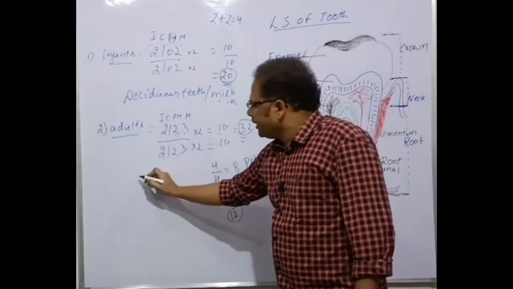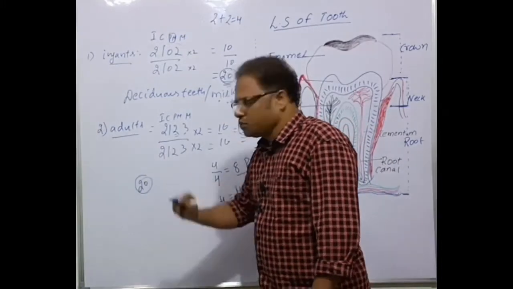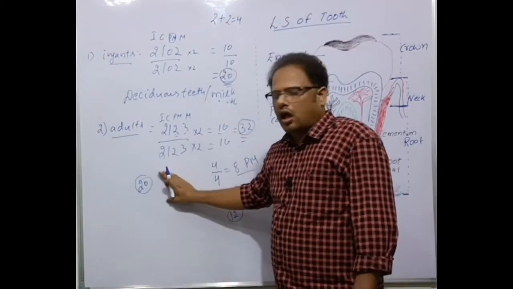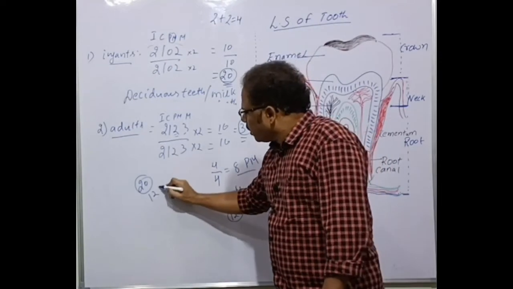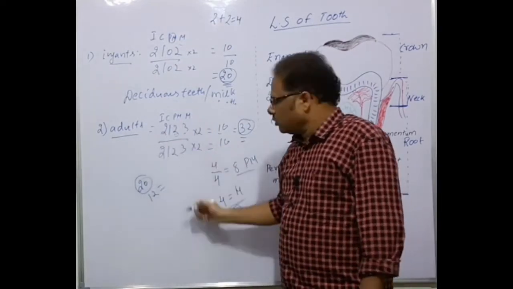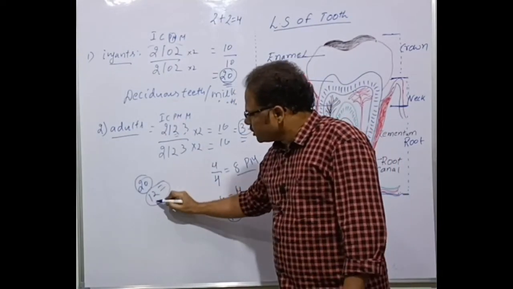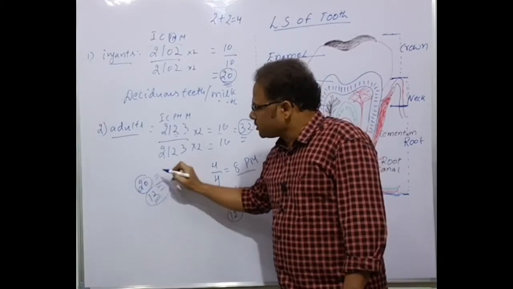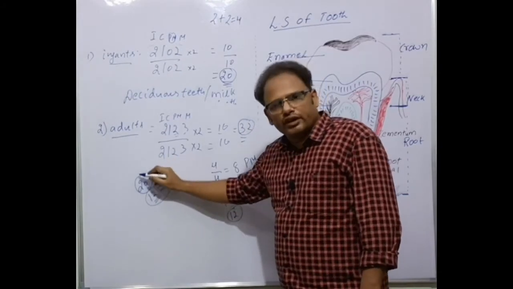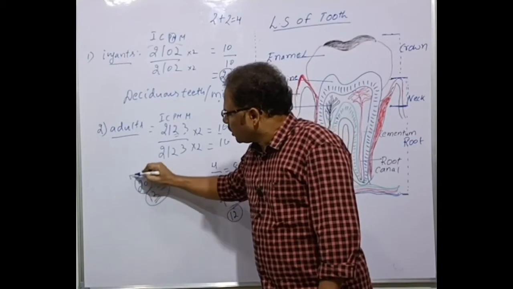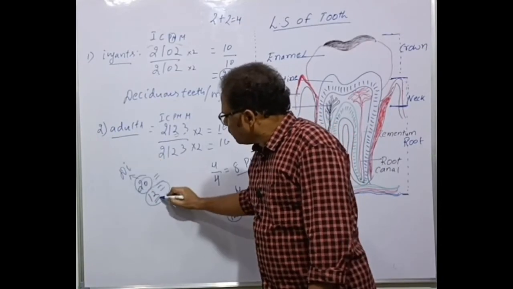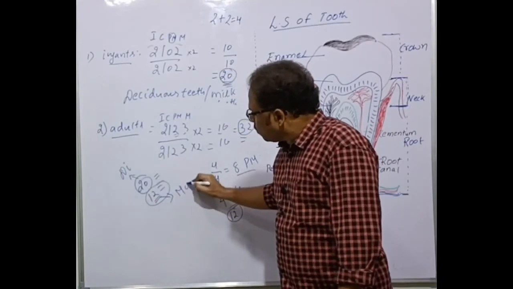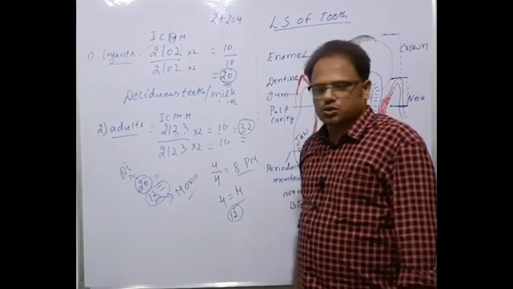That is, 20 teeth are deciduous or milk teeth, and only 12 teeth appear later. Only one set of teeth is there for these 12 teeth, but two sets are there for the 20 teeth. That's why these 20 teeth are called diphyodont dentition, whereas the 12 teeth are called monophyodont dentition. Clear, students, all of you?